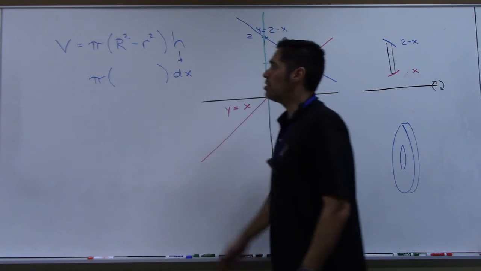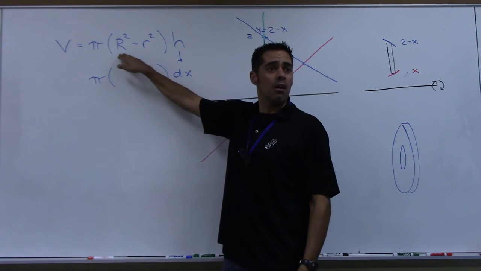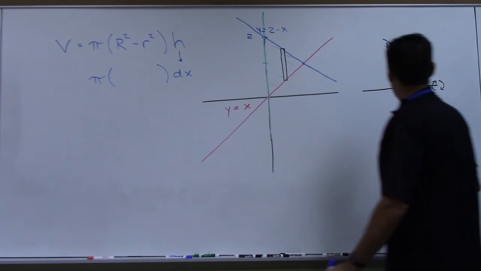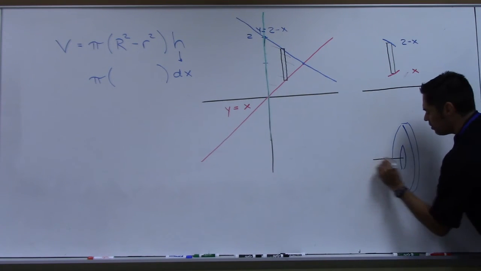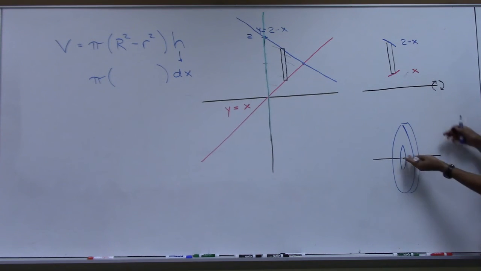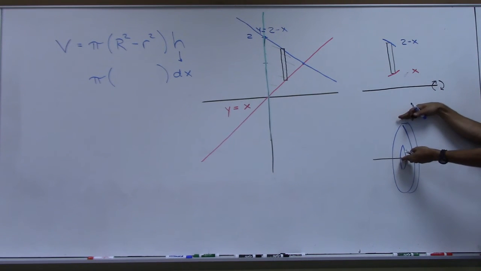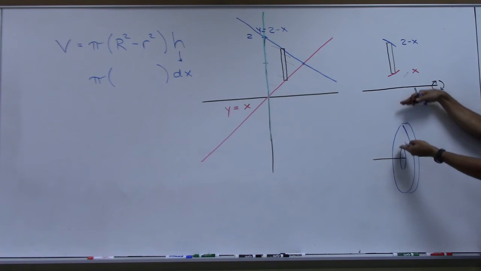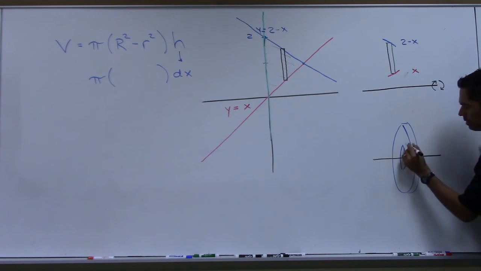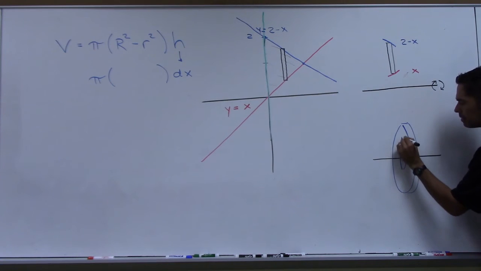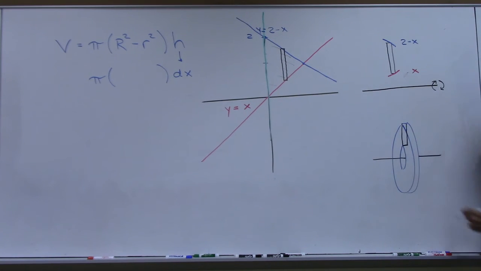So what we need to do is determine the capital R. Capital R is the distance from the center of rotation to the outer edge of the washer. If you bring this picture up here, remember our rectangle is actually in there like this, that thing that got wrapped around.